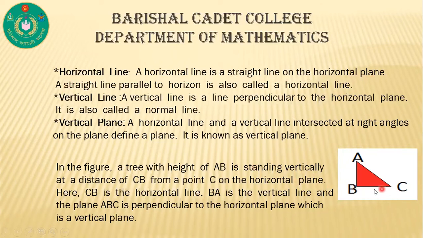So CB is a horizontal line and BA is a vertical line because a vertical line is perpendicular to the horizontal plane. So AB is a vertical line and the plane ABC is perpendicular to the horizontal plane, which is a vertical plane.